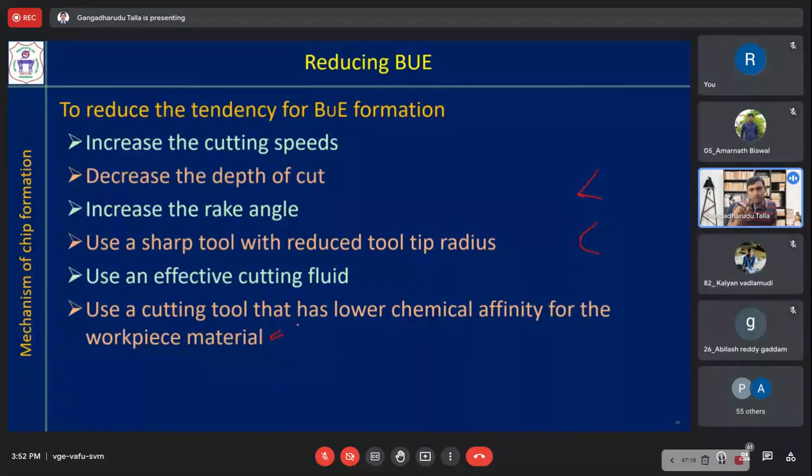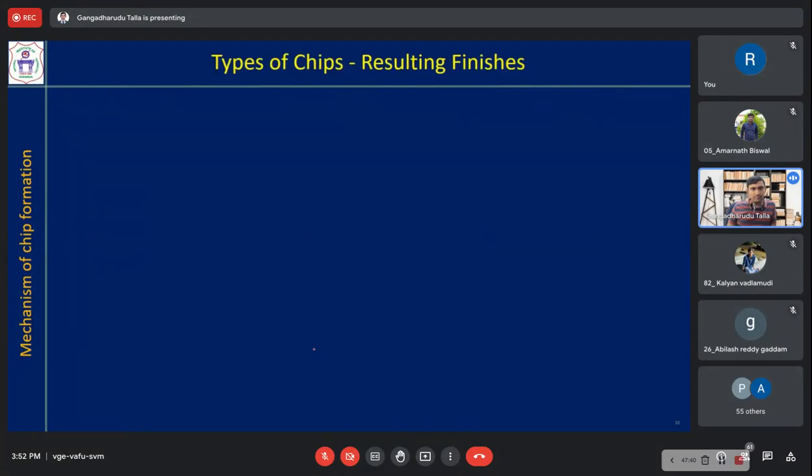That means if you want to machine one workpiece material, you have to carefully select the tool material. If the carbide is sticking to the steel, instead of carbide you use some ceramic which will not stick to the steel easily. In that way you can avoid the formation of built-up edge.